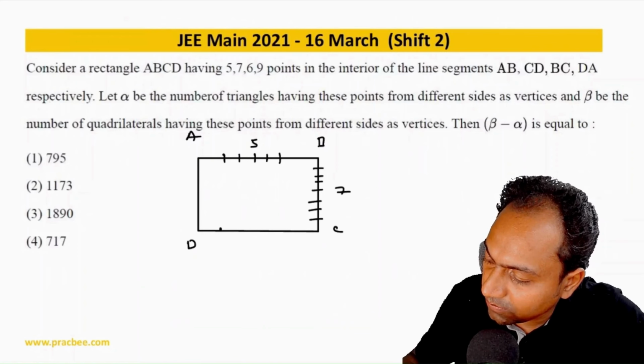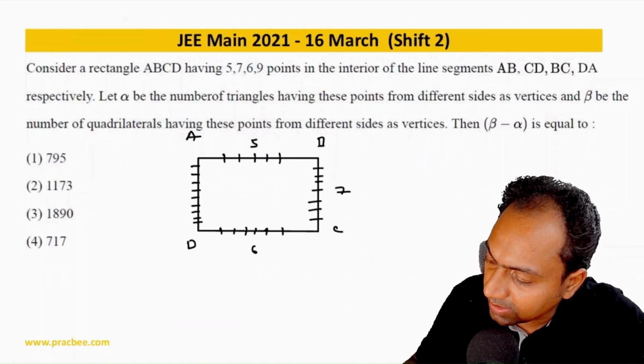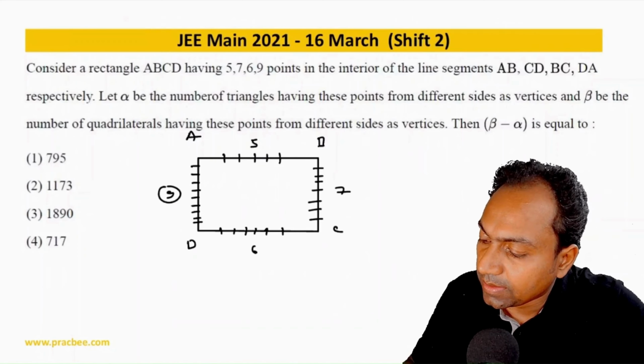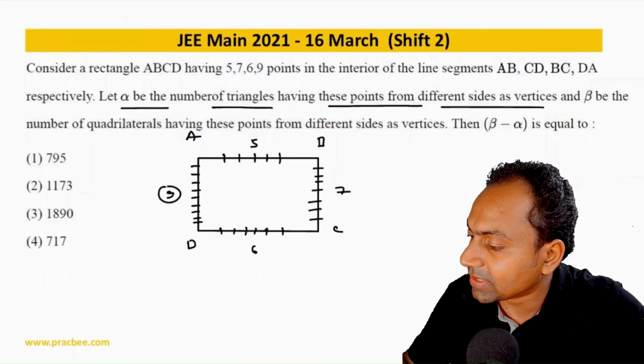And on CD there are 1, 2, 3, 4, 5, 6. And on AD there are 1, 2, 3, 4, 5, 6, 7, 8, 9 points. What they're saying is, let alpha be the number of triangles having these points from different sides as vertices.